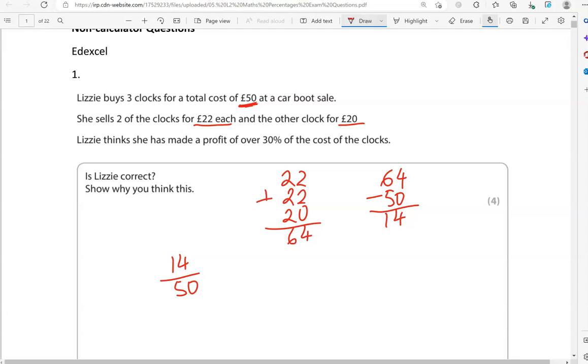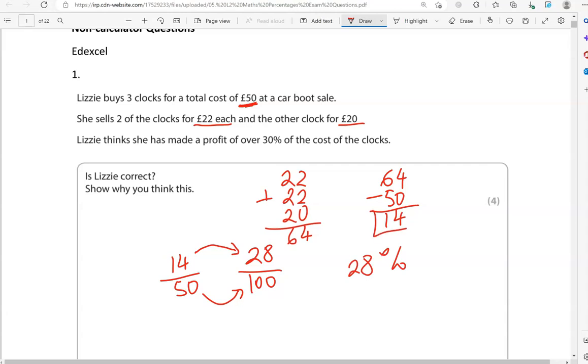14 over 50. Rather than dividing 14 by 50, I can just double the 14 and double the 50, so I keep the fraction the same. So that is 28 out of 100. And we know percentages are out of 100. So this is equal to 28%.